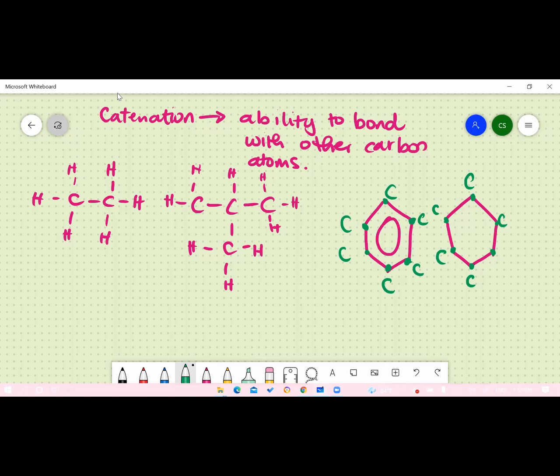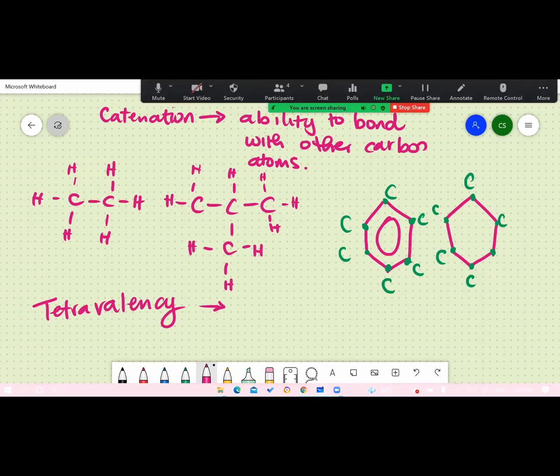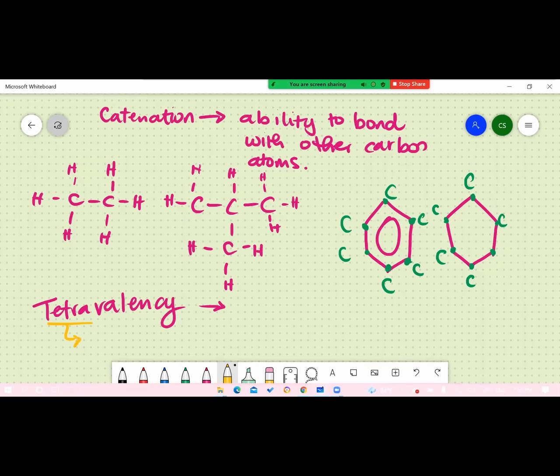All right, so that's catenation. Oh, and tetravalency. Sorry, I stepped out for a second. All right, tetravalency is basically the unique property of carbon to have 4 valencies available for bonding with other elements, including, Tetra meaning 4, valency meaning outer electrons.